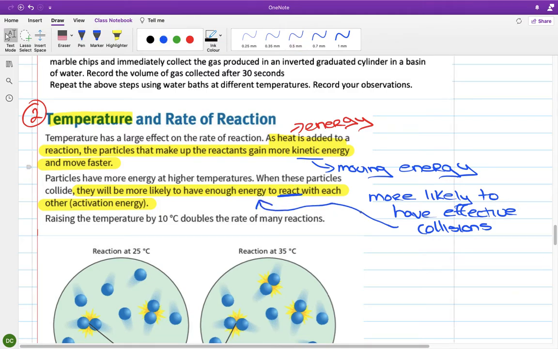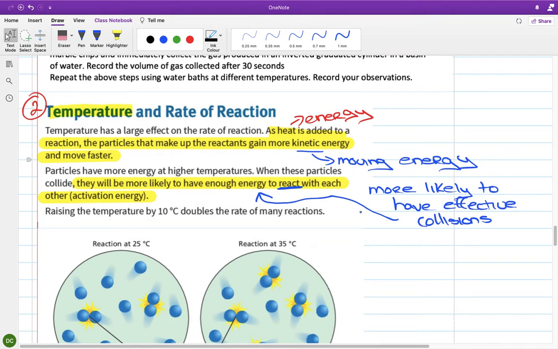They won't just bounce off each other. So you give them heat energy, that heat energy gets converted into kinetic or moving energy in the reactants. So now the reactants, which are all bobbing around and hitting off each other, are hitting off each other with more energy, which means they're more likely to have effective collisions. And effective collisions are ones that have achieved the activation energy, which means when they collide, the reaction will actually occur and the products will be produced.